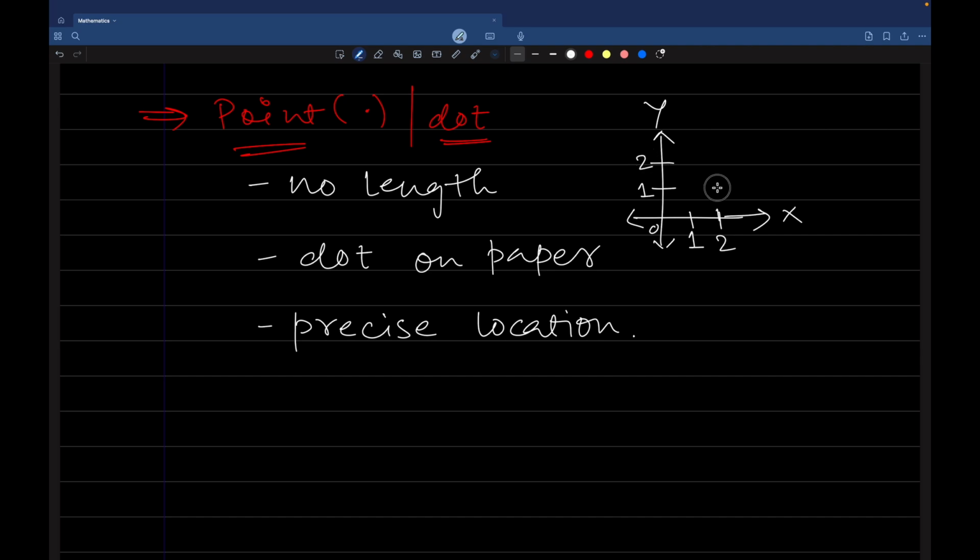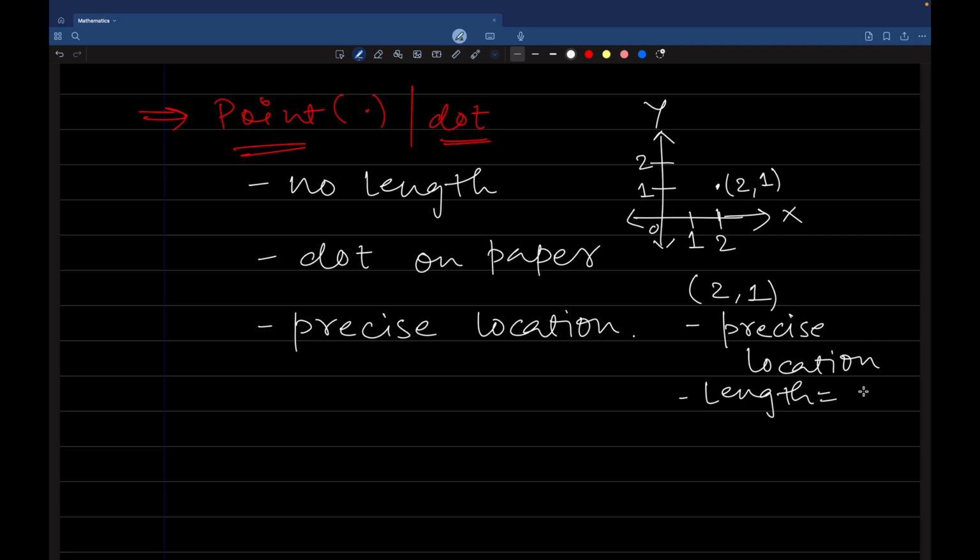If I make a point here, it will give a precise location, that is 2 on x-axis and 1 on y-axis. That means it has coordinates (2, 1), that is precise location, and length equals 0.